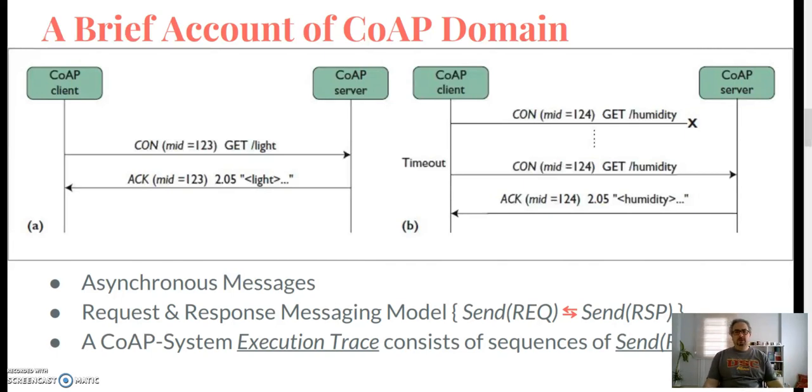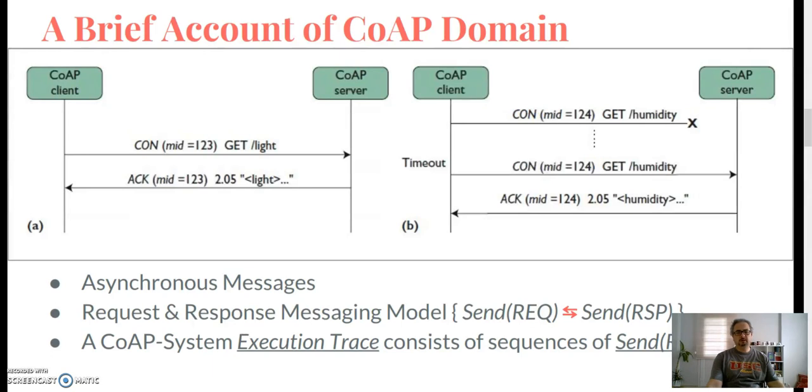So in a CoAP environment, there are two participating endpoints in a communication. One acts as a client and the other one acts as a server. Any participating party in a communication in the CoAP domain can act as both client and server. This is an asynchronous messaging environment, and it relies on a request-response messaging model.